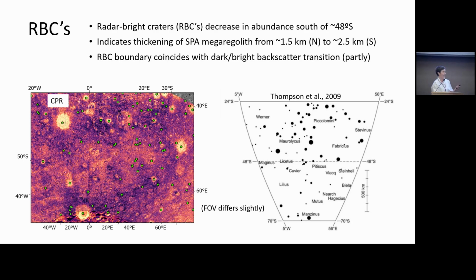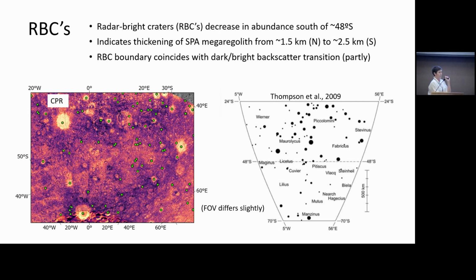And so they argued that this is evidence of a thickening wedge of SPA megaregolith as you get closer to the basin, right? So conversely, as you get farther from SPA, the megaregolith wedge thins, and you get more blocky radar bright craters as you get farther from the basin.